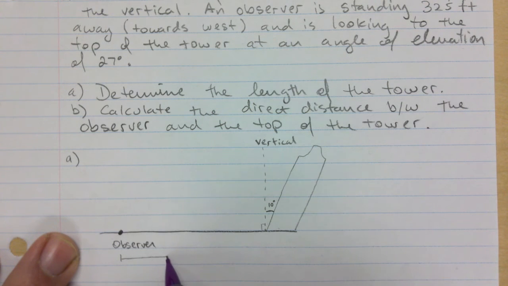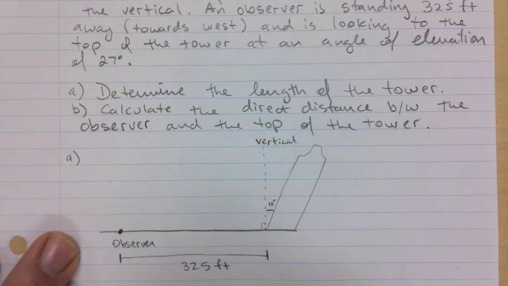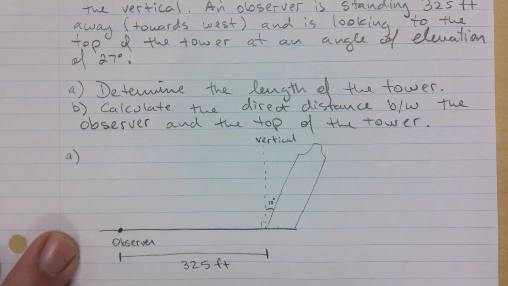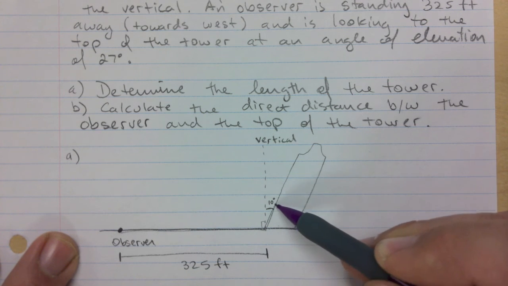And I know that the distance between the tower and the observer is 325 feet, towards the west. That's where the observer is standing, right? And so you have to recognize that there is a triangle emerging. So you've got this side of the triangle. The tower itself will be 1.